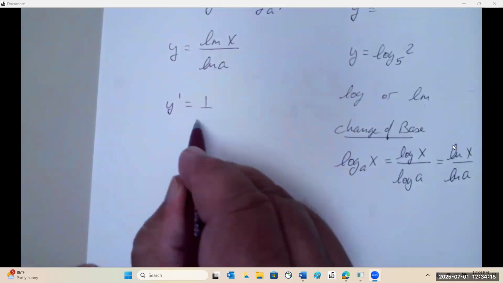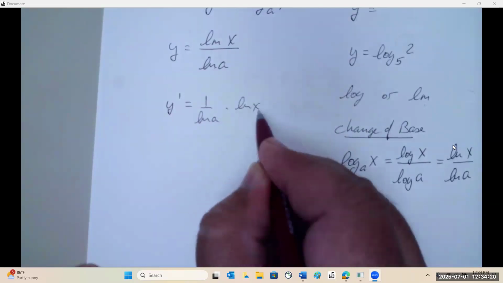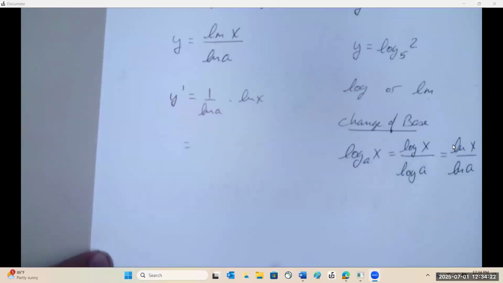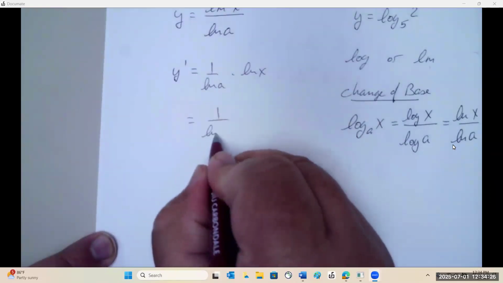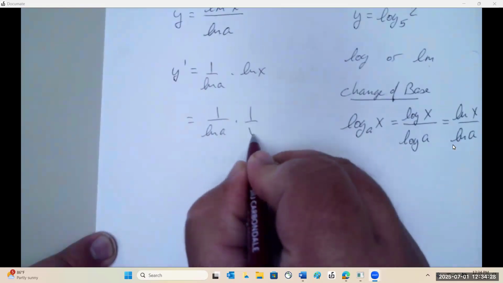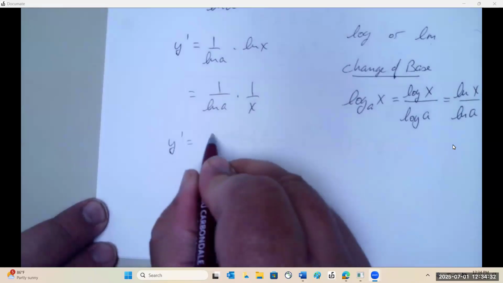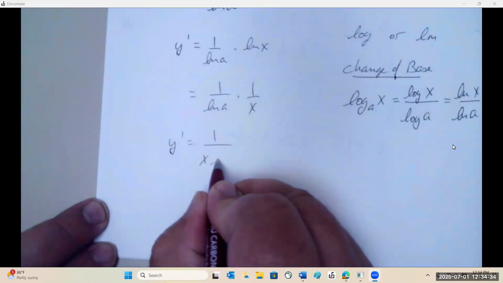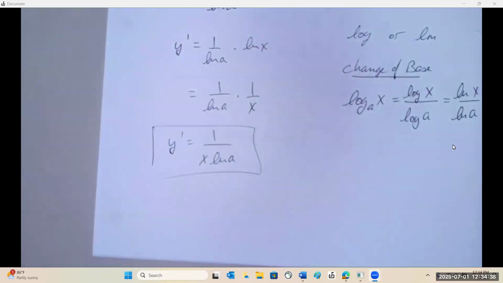So that's 1 over ln a times ln x. What's the derivative of ln x? 1 over x. So the derivative would be 1 over x ln a, simply by using the change of base formula.